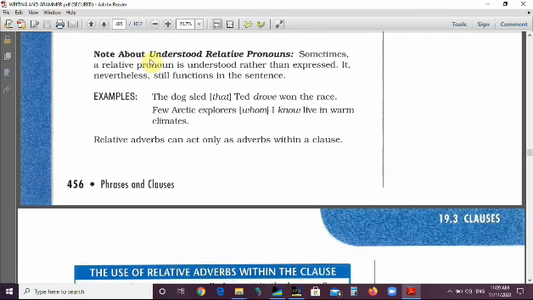Note about understood relative pronouns. Some relative pronouns can be deleted, like the example here. The dog sled Ted drove won the race. Few Arctic explorers I know live in warm climates, especially when they are objects. Relative adverbs can only act as adverbs within a clause.